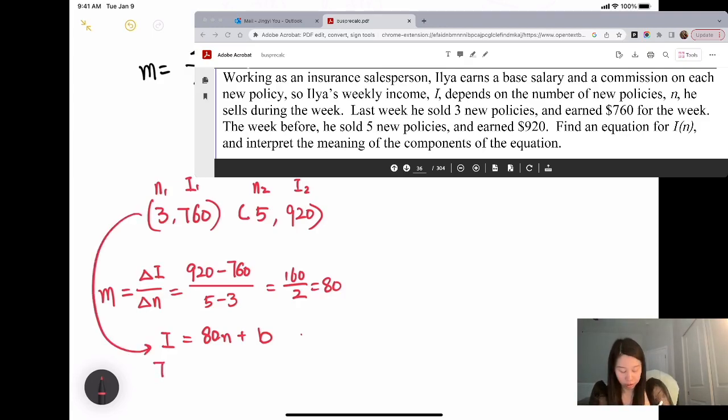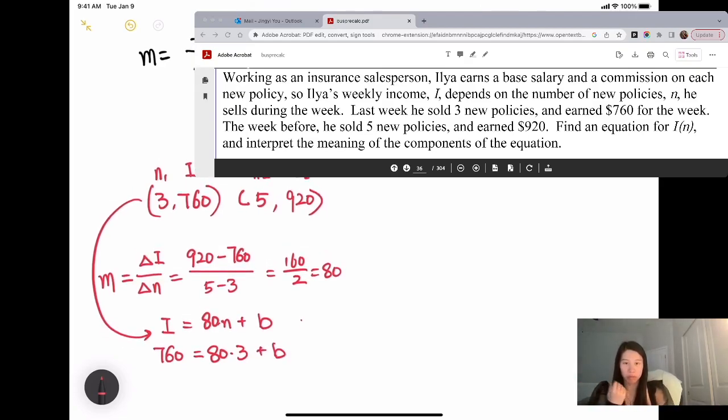So 760 equals 80 times n, 3 policies, plus b. Then you solve for b. So 80 times 3 equals 240, and you subtract 240 from both sides. So I got b equals 520. So the equation is, the income equals 80n plus 520.